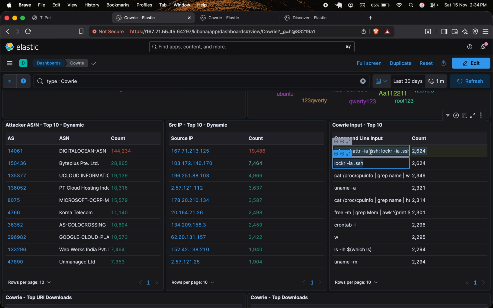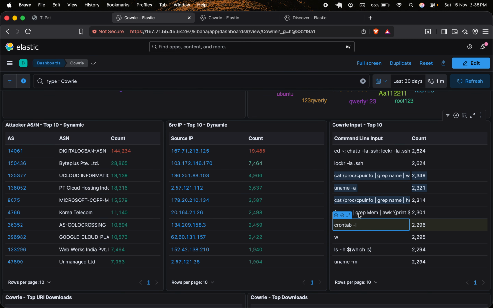The attacker tries to modify our SSH keys so that they can access the system. These commands are about CPU information, as they would like to know about the machine, like whether it is a Linux machine or a Windows machine. This is the initial stage, where they want some information about the system.